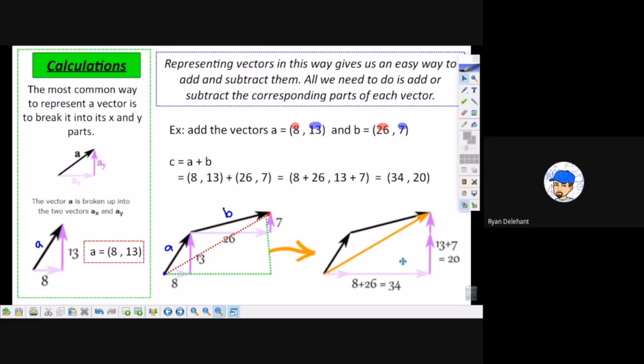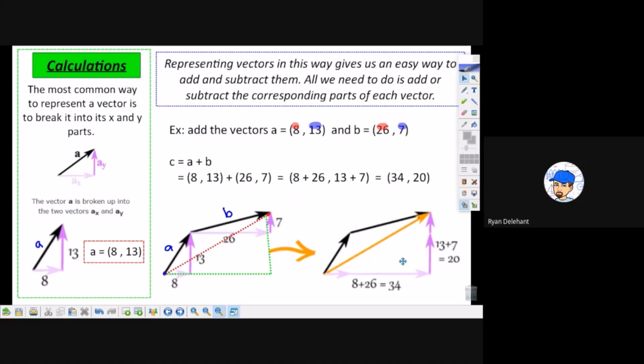We can just add them together and then use it. And the hard part of this is we're not going to draw a lot of pictures because it's really hard for us to get, without a preset coordinate plane, to get those directions set up really well. We're going to focus mostly on the representation with the two component parts.